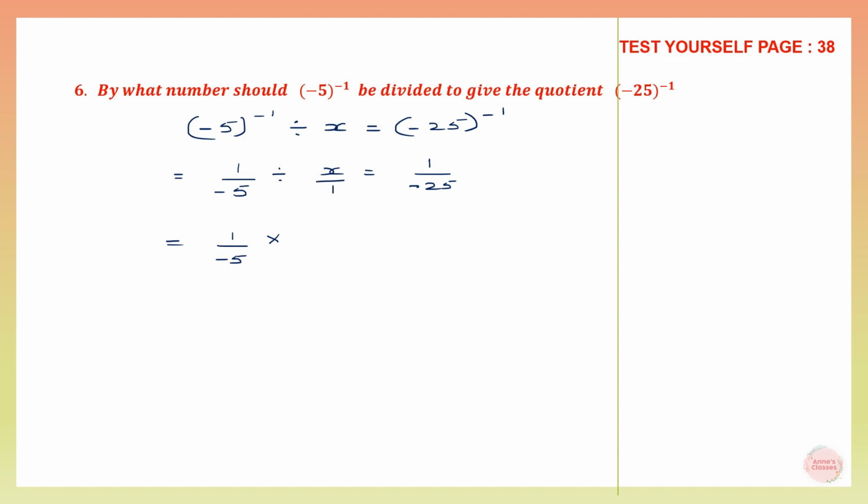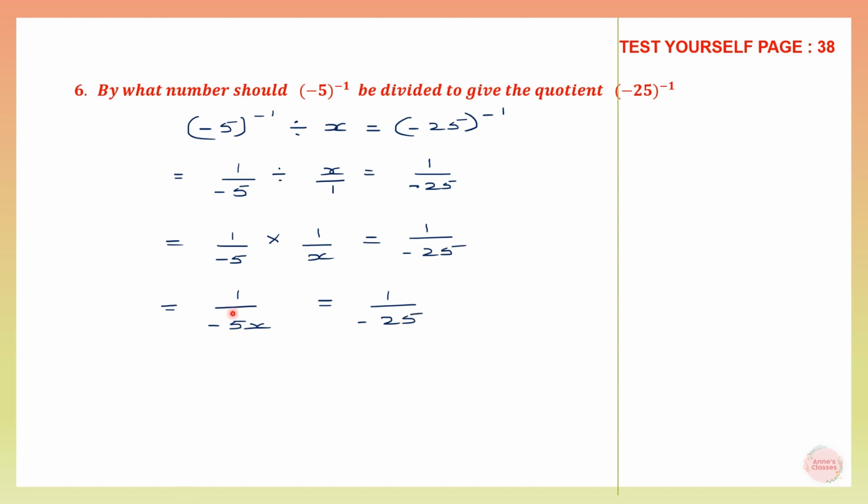That means we write the reciprocal of x by 1, which becomes 1 by x, and this is equal to 1 by minus 25. So here we can multiply the numerators and the denominators. 1 into 1 is 1, minus 5 into x is minus 5x, and this is equal to 1 by minus 25.